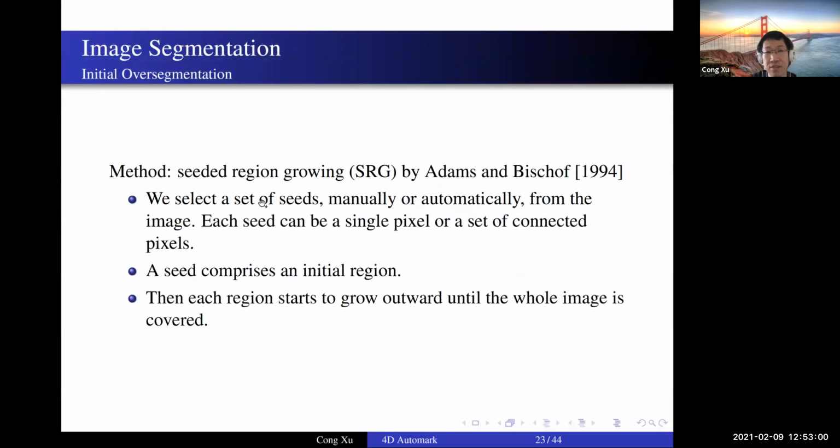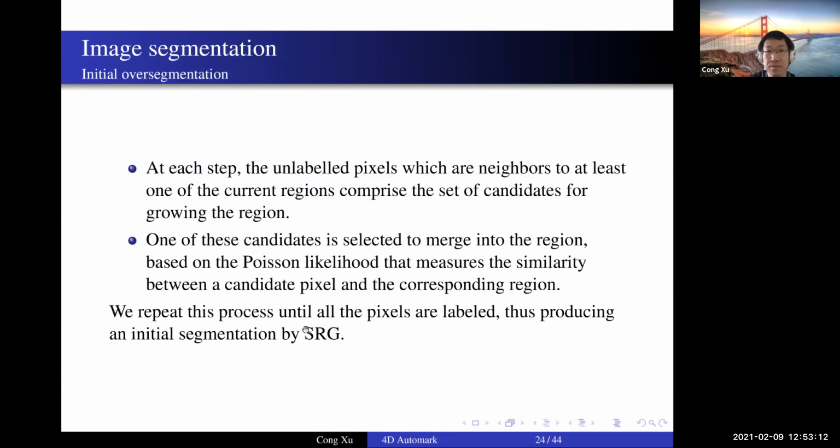So first we select a set of seeds, and then each seed becomes an initial region, and it keeps growing outward until the whole image is covered. At each step, we compare these pixels with the set of candidates as neighbors to grow the region, and we pick one and merge it into the region based on the similarity.